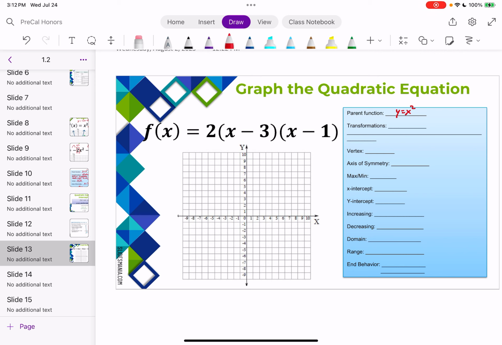Because we're not able to easily see the transformations occurring off this form, I generally suggest that we hold off on doing the transformations until a little bit later. What we can figure out much easier is whether we're dealing with a maximum or a minimum. In this case, because we are dealing with a positive a, we know that this is going to be a minimum.